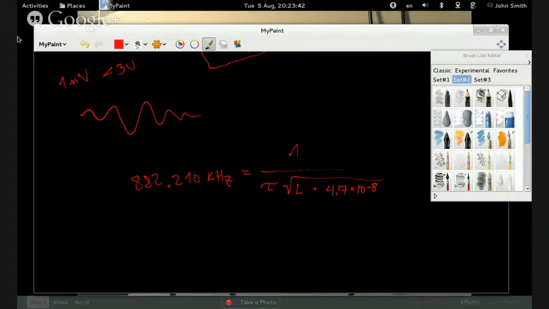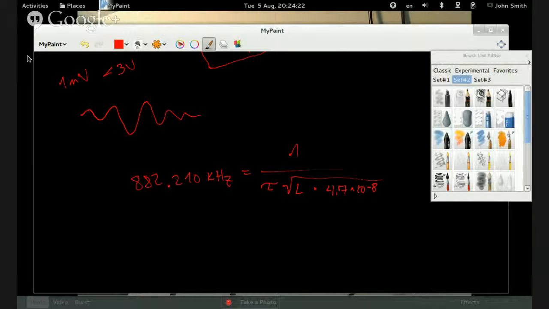882.210 equals 1 over 2 times pi times the square root of L times 4.7 times 10 to the minus 8, and solve for L. It is 0.0026 blah blah blah over pi squared.